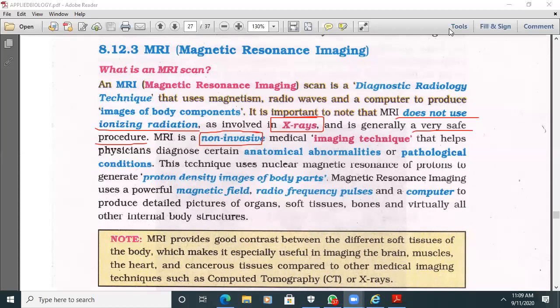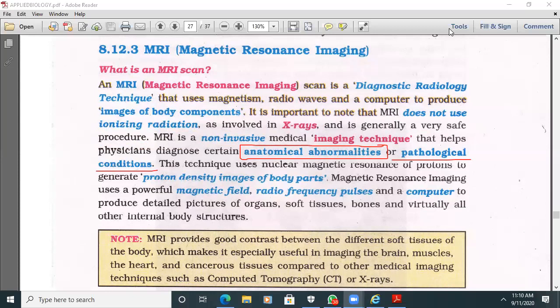We are not sending radioactive rays through the body like CT scan or X-ray. It is a non-invasive medical imaging technique that helps physicians diagnose certain anatomical abnormalities or pathological conditions, which are easily recognizable by MRI, not like X-ray and CT scan.